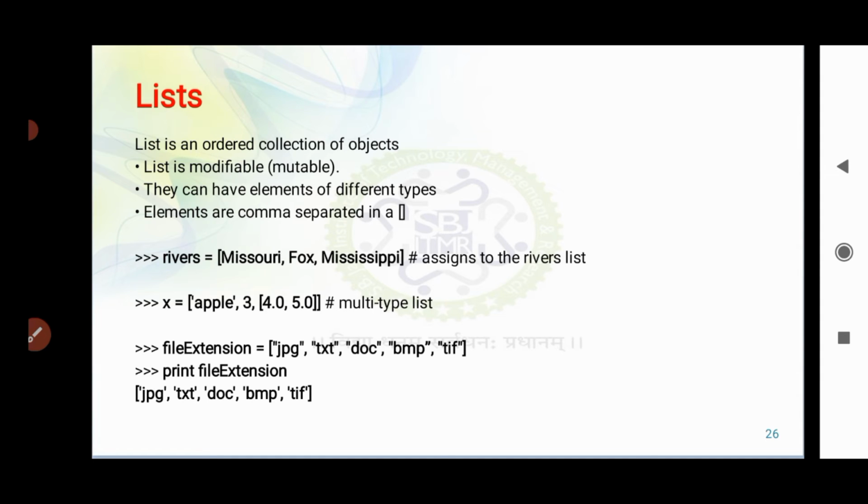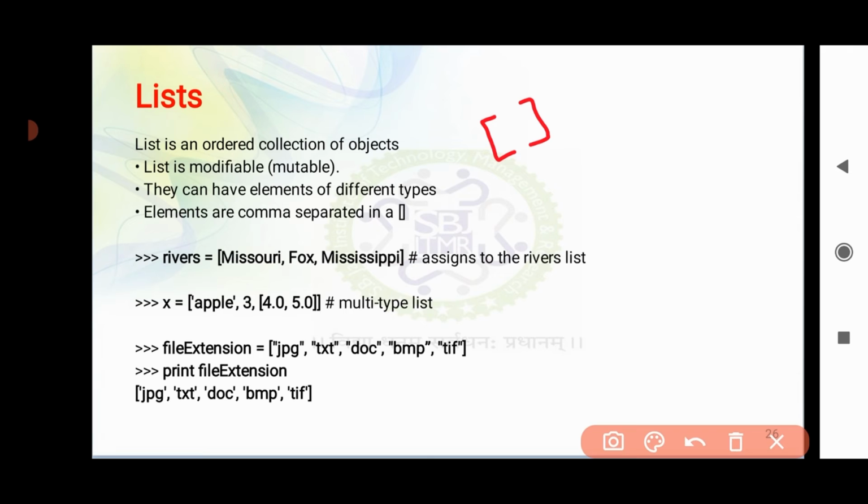A list may contain elements of different types, where each item is separated by a comma and the entire list is kept in square brackets. That means in these kinds of brackets. So whatever elements you want to specify as part of a list, every element should be kept inside the square brackets.